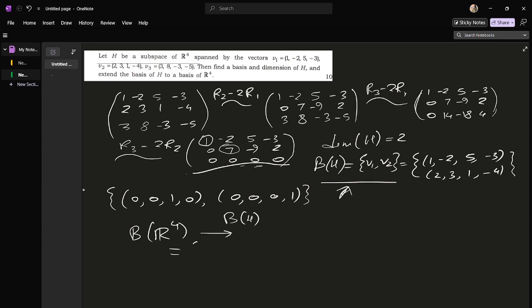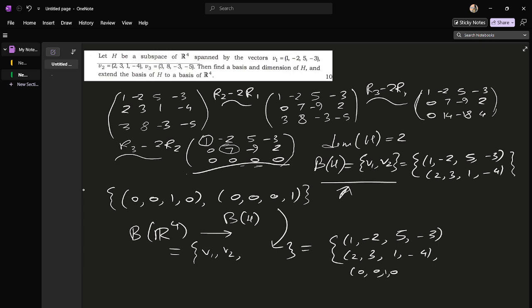It is equal to our V1, V2 and these two, which is 1, minus 2, 5, minus 3, and the second is 2, 3, 1 and minus 4, and the last two are 0, 0, 1, 0 and 0, 0, 0, 1. These are the required answers for this question.